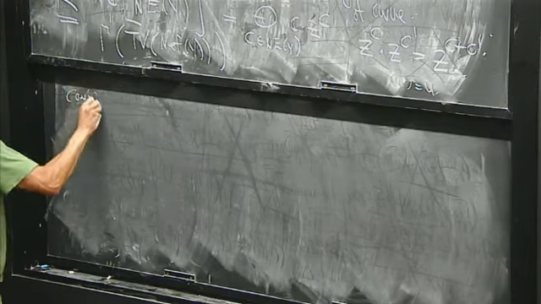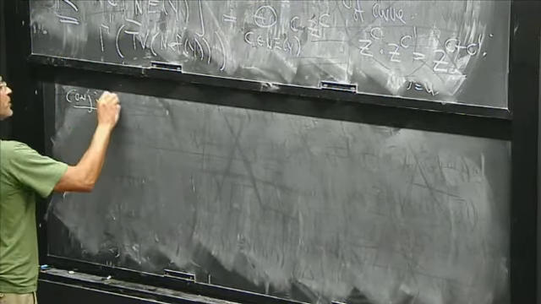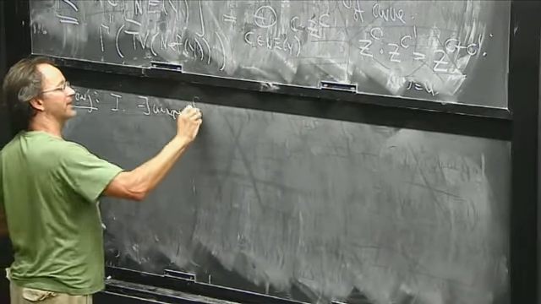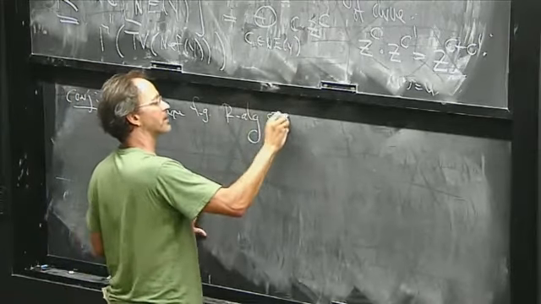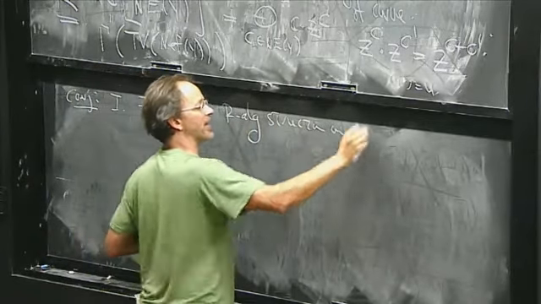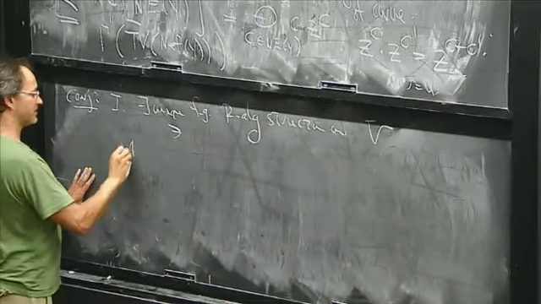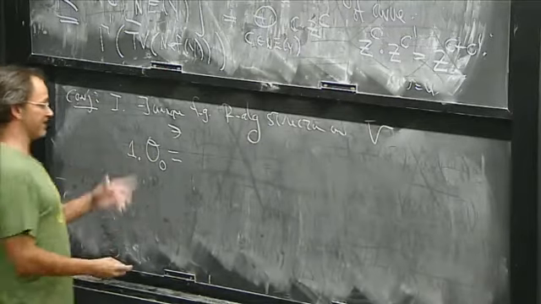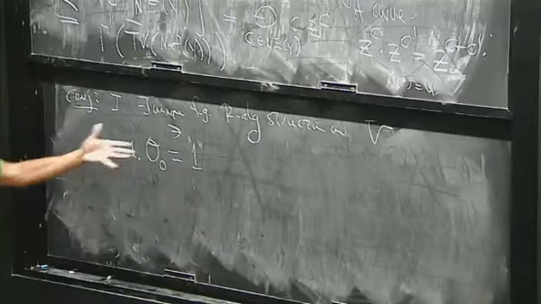So, conjecture and theorem in dimension 2. First, there exists a unique finitely generated commutative associative R-algebra structure on this set V, which was my direct sum, such that the first thing is I want theta 0, my special basis element, to be the multiplicative identity, 1 in the algebra.